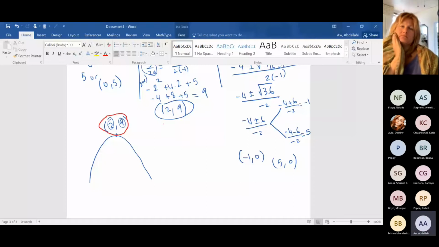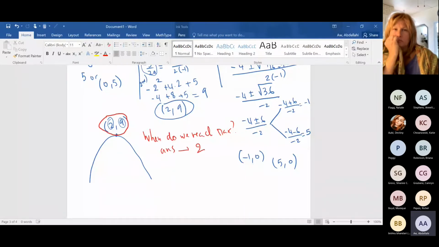Here, when you say when do we reach the maximum, the answer will be 2, right? After 2 something, 2 seconds, 2 days, or something like that. Now, when you say, what is the maximum? What's going to be your answer? 9, right?